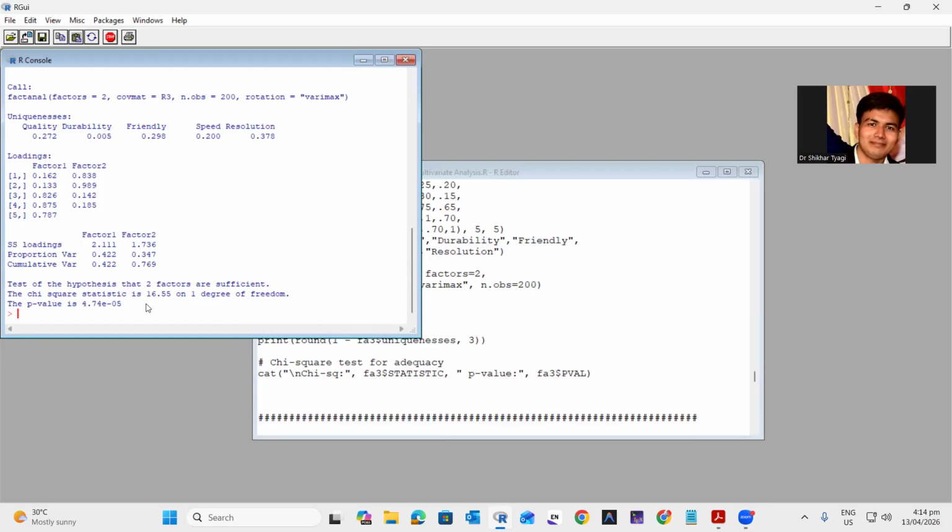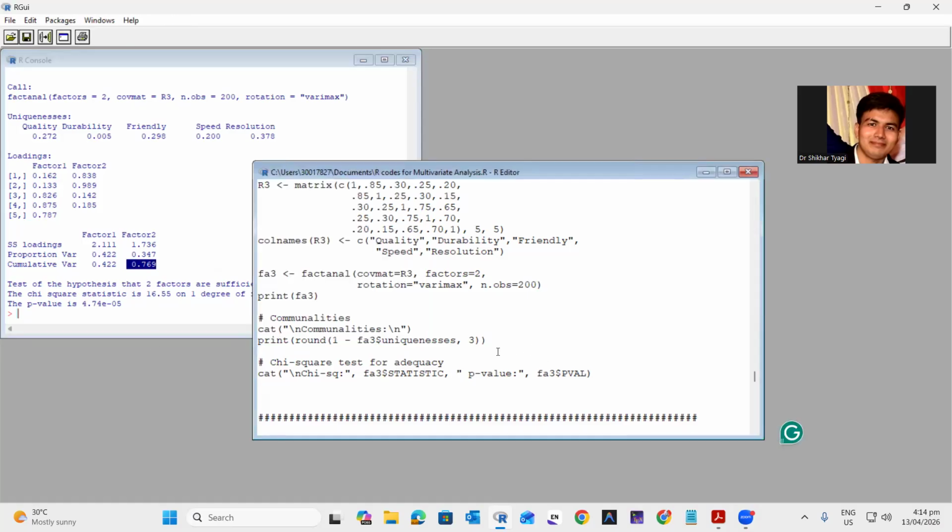Even though the cumulative variance is 0.769, which is very high, we need more factors here.